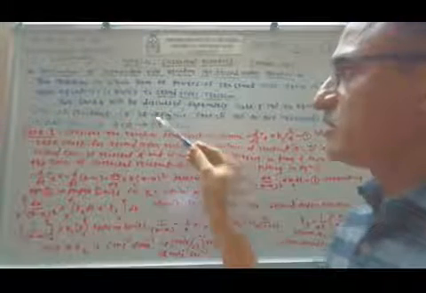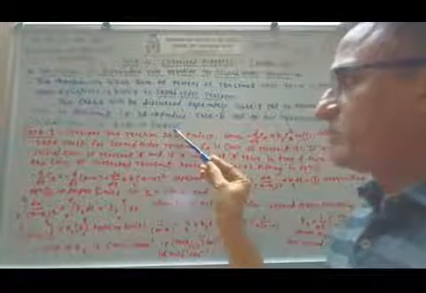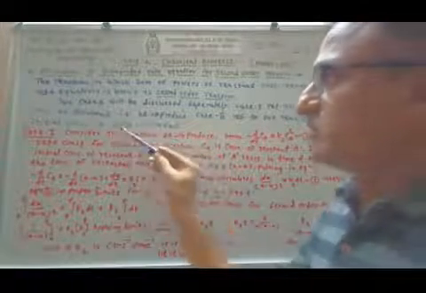Case number 1 refers to equal initial concentration of reactant, that is 2A gives product or 2B gives product, and case 2 refers to two reactants with unequal initial concentration, that is A plus B gives product. So there are two cases for this second order reaction, and we will discuss them one by one.